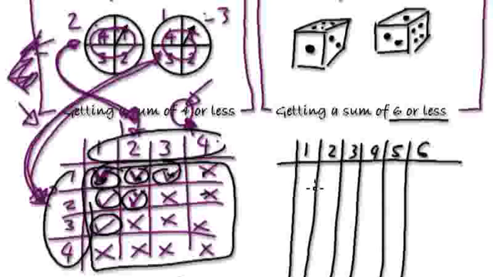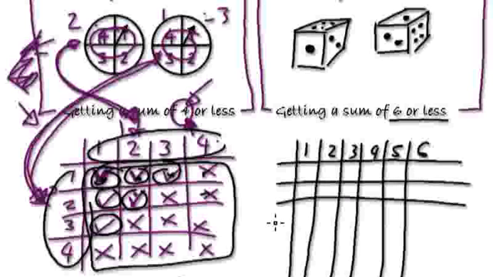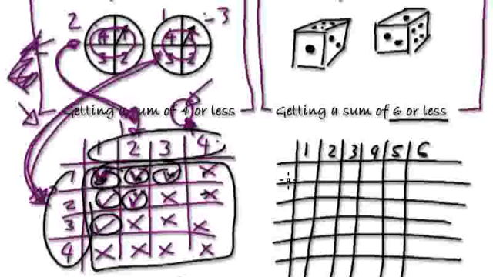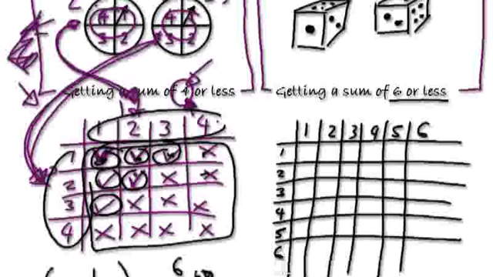So that could represent our first die. And on the second die it could be 1, 2, 3, 4, 5, 6. Okay, and we want to get 6 or less.